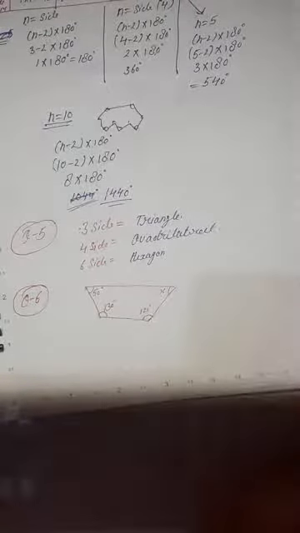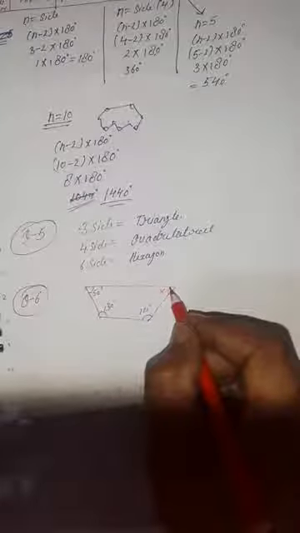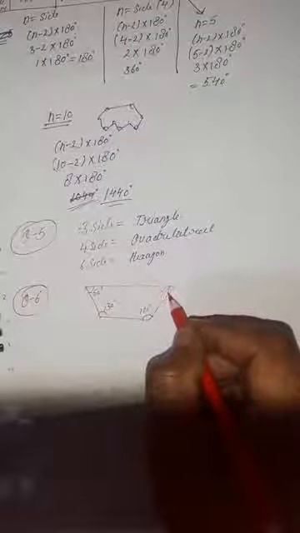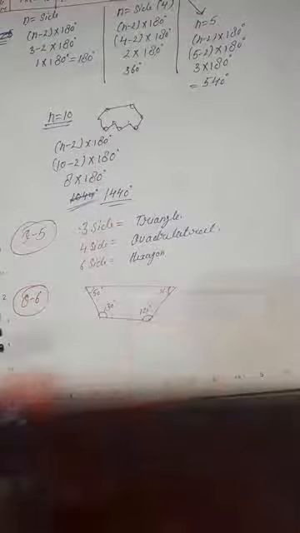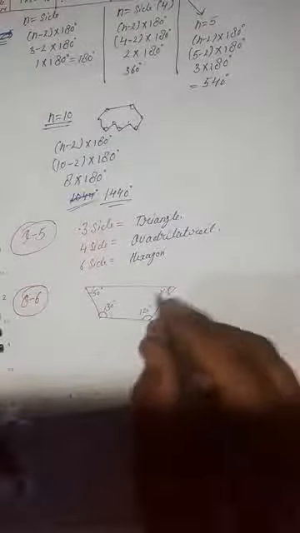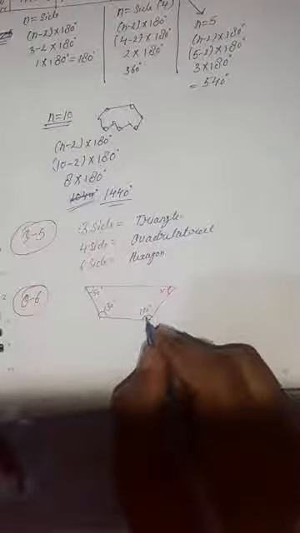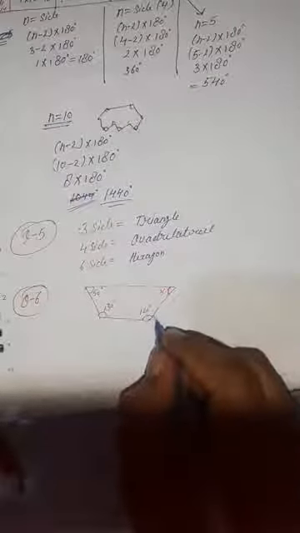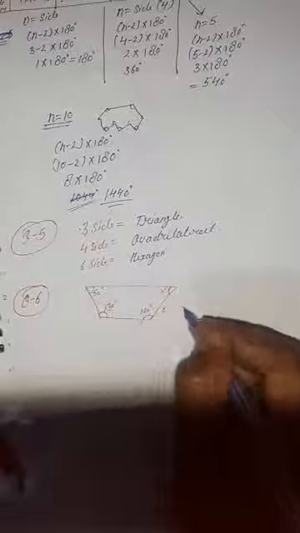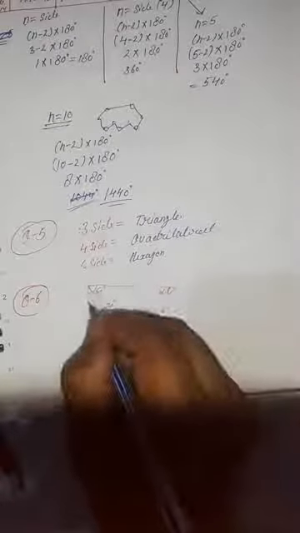We have to find the value of angle x. What is the value of angle x? As we see here, this is a quadrilateral because it has 4 sides: the first, the second, the third and the fourth.